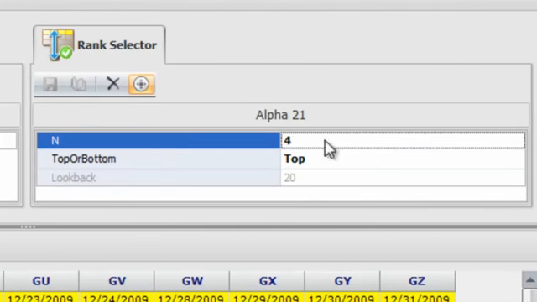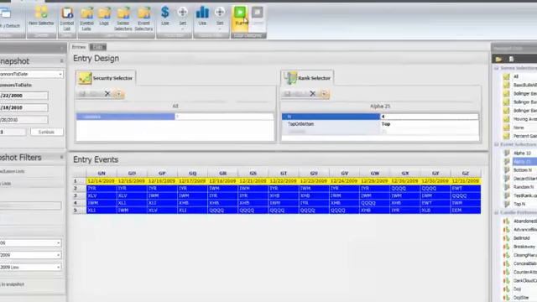If I run this again very quickly, it limits it to the top 4. This now represents an interesting set of ETFs for us, because on a daily basis we're getting the top 4, and you really would like to apply some trading rules to that to see what would have happened if you were in those stocks. And you can play around with trading rules as well to do different things.